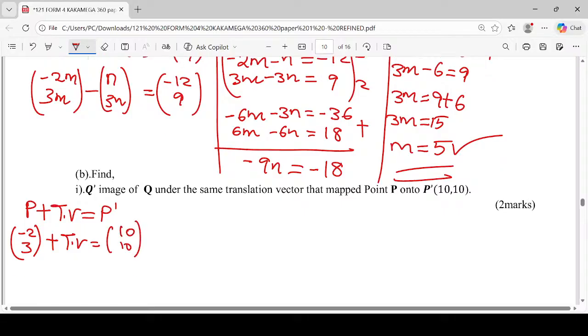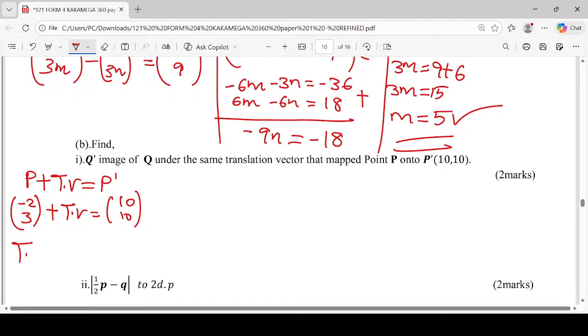So that means to get what is called the translation vector, you are going to have 10, 10 minus negative 2, 3. And this will give you 10 minus negative 2, that should be 12. 10 minus 3, that is 7. So the translation vector is 12, 7.